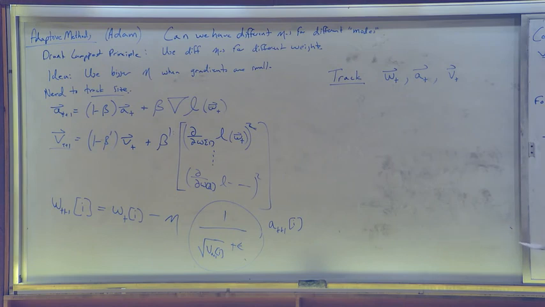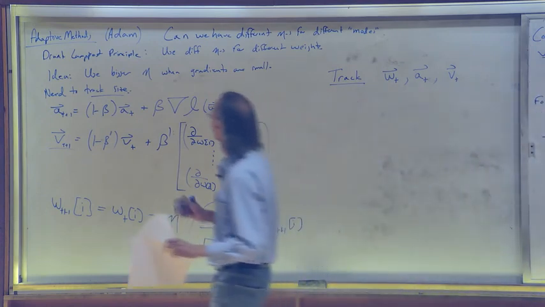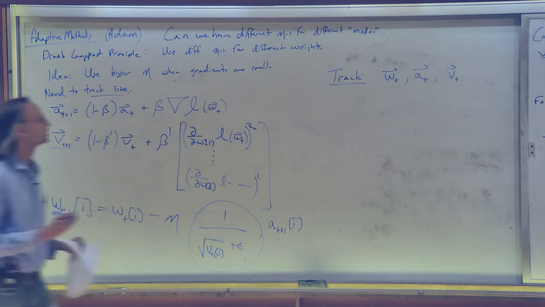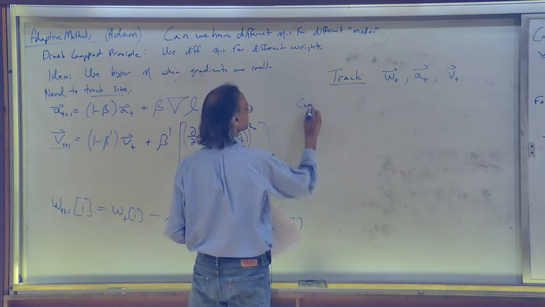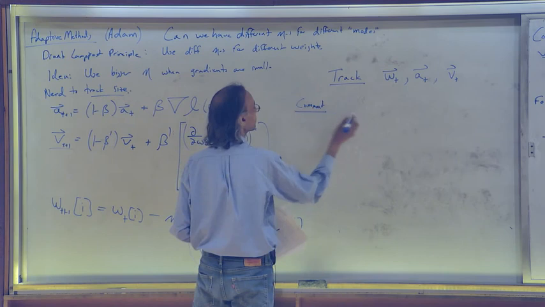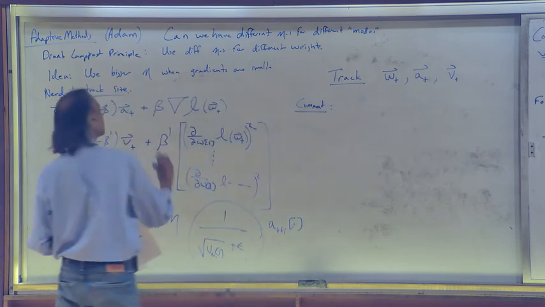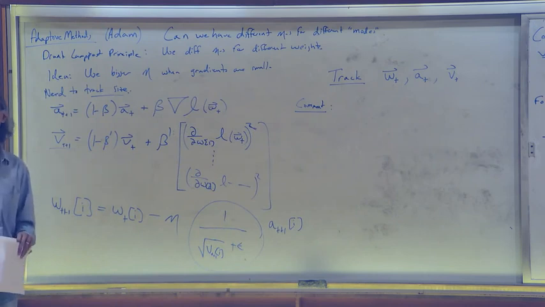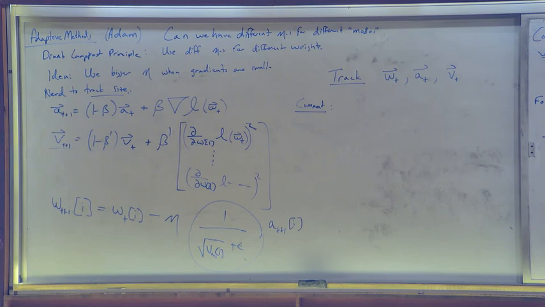Okay, so here the first comment I want to make is, what about these betas? What do we have to think about the betas? The beta prime that's averaging the sizes has to be more averaging than the average you keep of the gradients themselves.